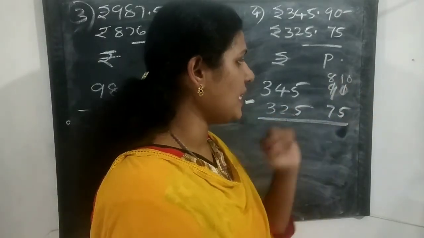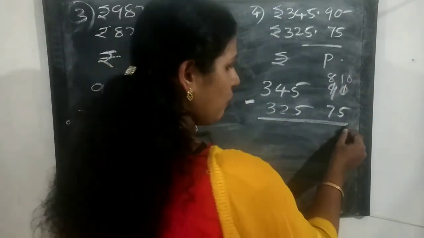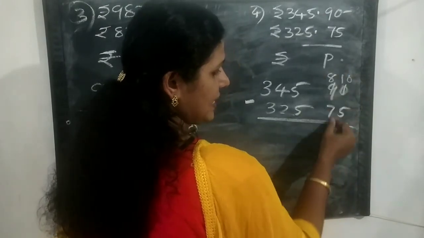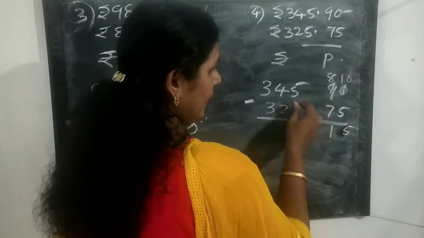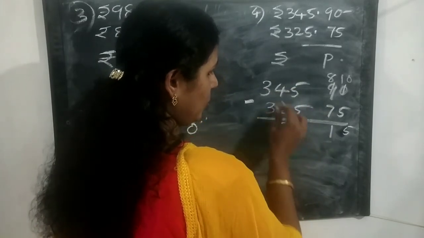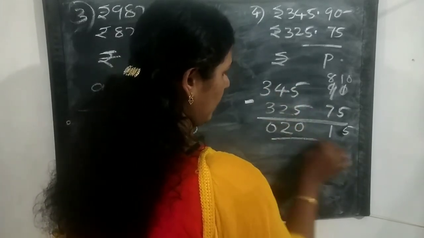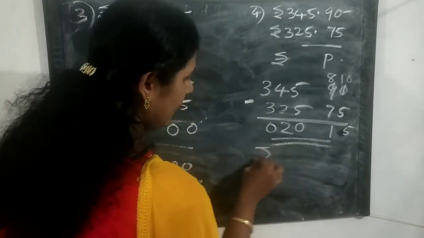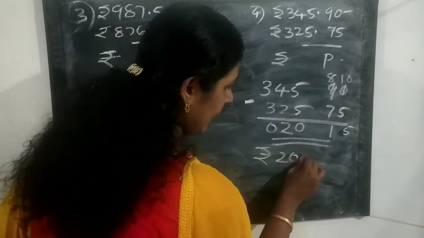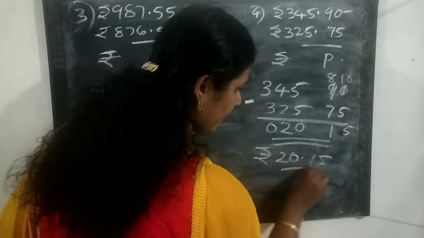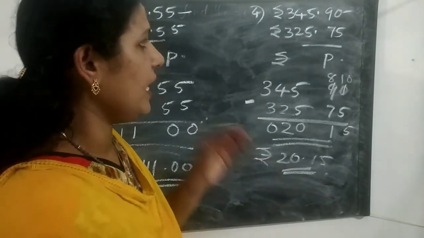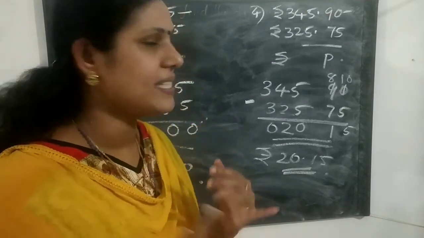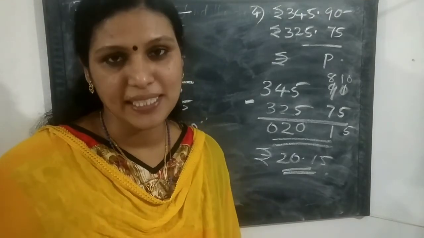Okay, 10 minus 5 is 5. 8 minus 7 is 1. 5 minus 5 is 0. Then 4 minus 2 is 2. 3 minus 3 is 0. So here we get rupees 20.15.